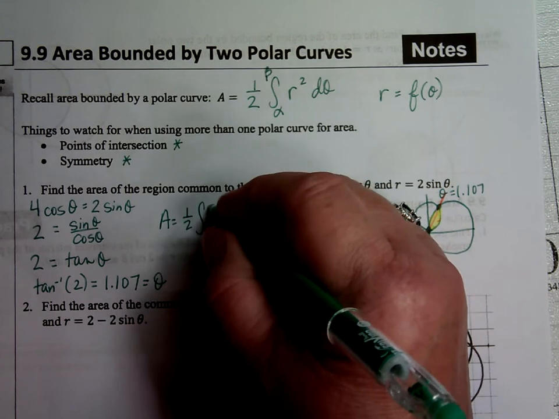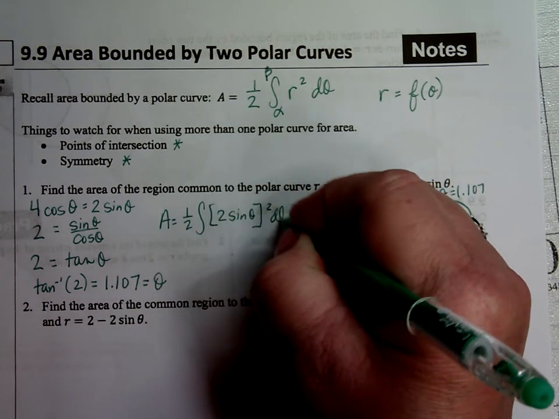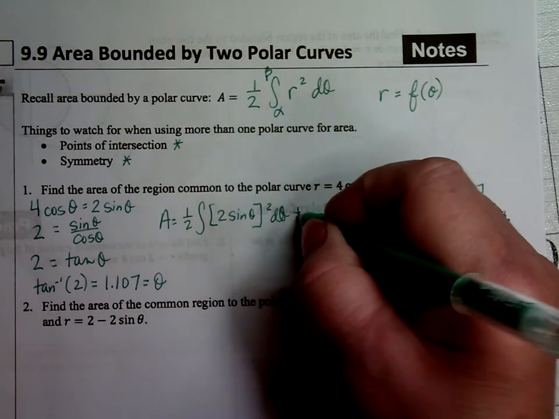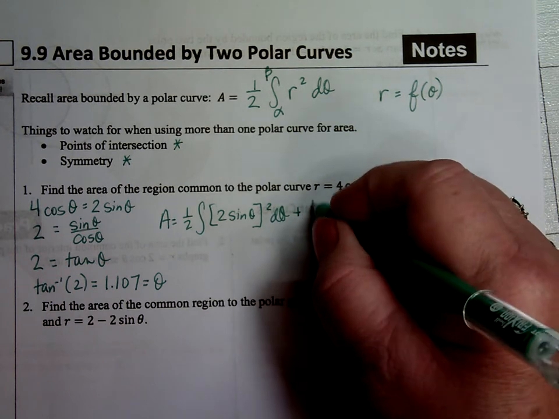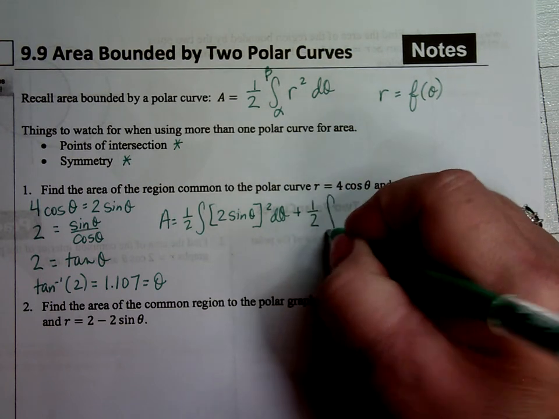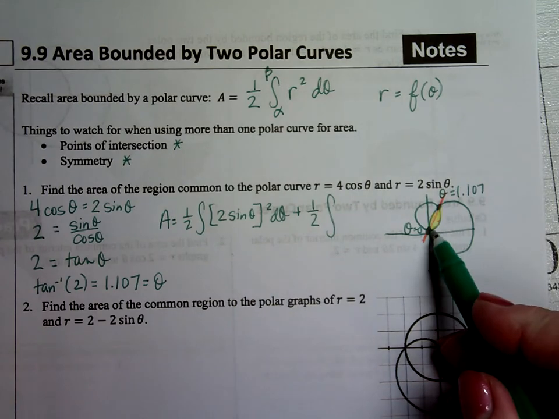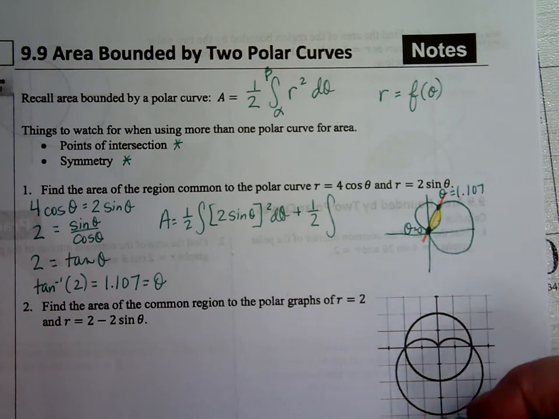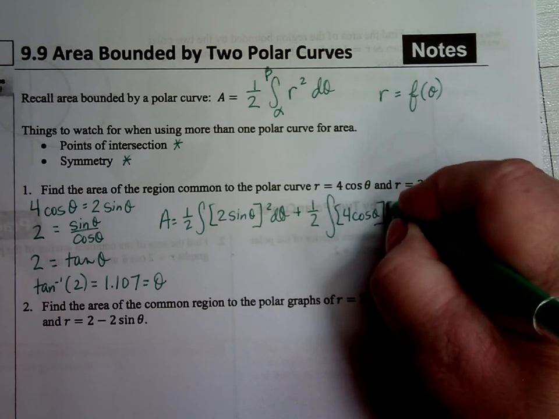So I have 2 sine of theta squared d theta. We'll talk bounds in a second. And then I'm going to add that with the one that's over here. Now this one is 1/2 the integral, and if I look at the functions here, it's the 4 cosine of theta squared d theta.